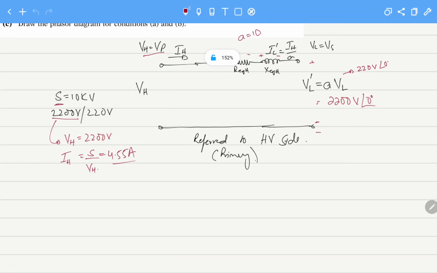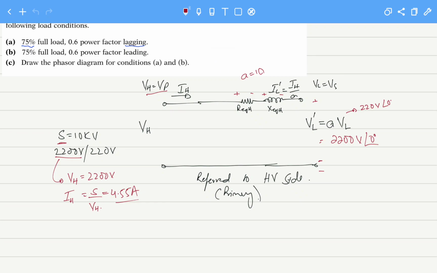So 4.55. Now if the load was the full load condition or the rated condition, this would have been the current flowing through the transformer. But they have said it is 75%. So the current that should be flowing through the system will be 75% of 4.55 amperes, that is multiplied by 0.75, and this becomes 3.41 amperes.